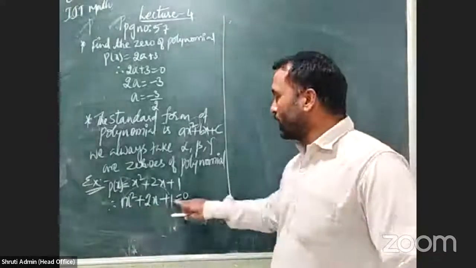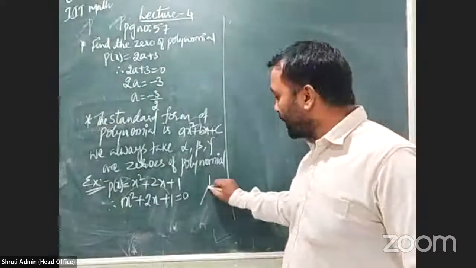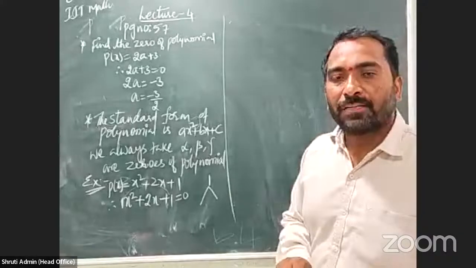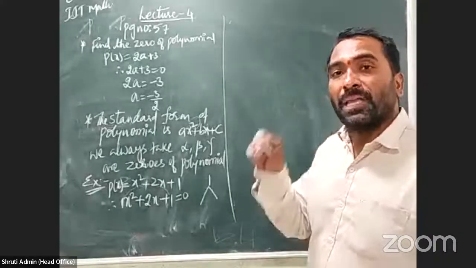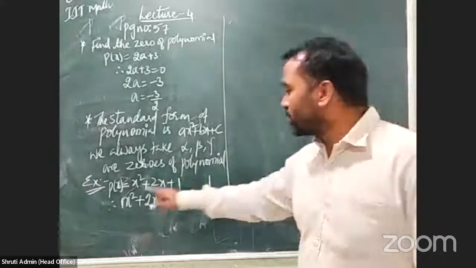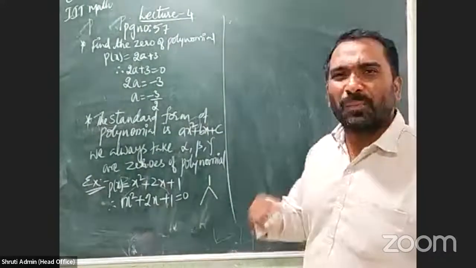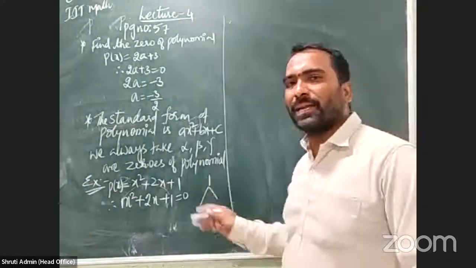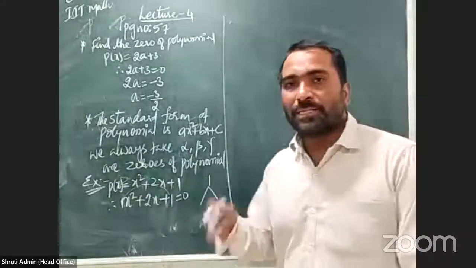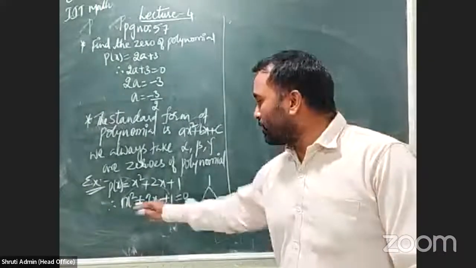What do you get? 1 ones are 1. Now we have to take factors of this such that the factors, either by adding or by subtracting, must equal the middle number. This is the process I am telling. There is also a shortcut method directly for x square plus 2x plus 1. First I am telling this process: the first number and the last constant number we multiply. So 1 ones are 1.